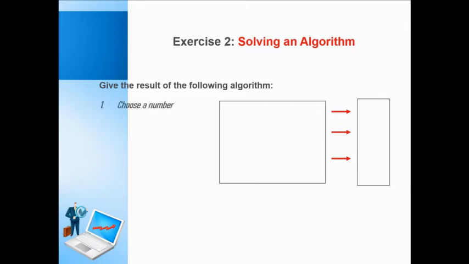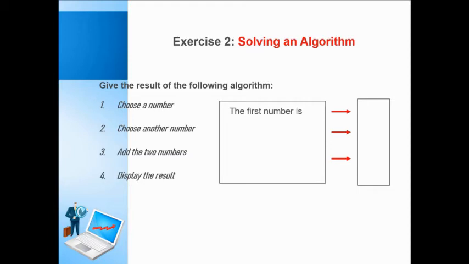The algorithm is: choose a number, choose another number, add the two numbers, display the result. The first number is, so which code are we going to use? Code number 1, 2, 3, or 4? It says the first number is, so we use code number 1, which is choose a number.